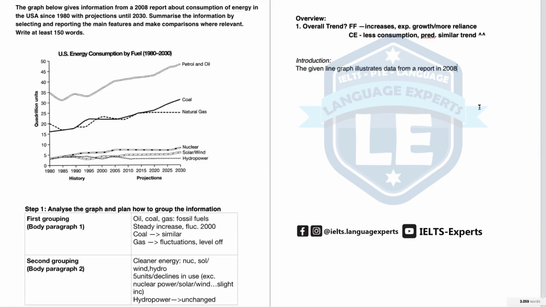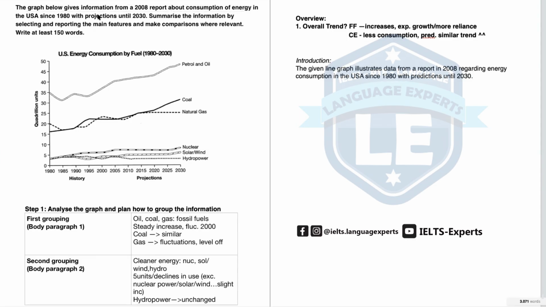I am going to say here, a report in 2008 regarding energy consumption in the USA since 1980 with predictions until 2030. Okay, and if we look at the last half of the sentence, I have regarding energy consumption instead of saying about consumption of energy. I've kept in the USA, obviously, since 1980 is fine.